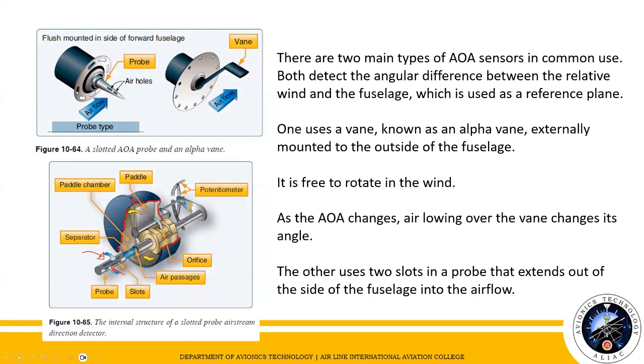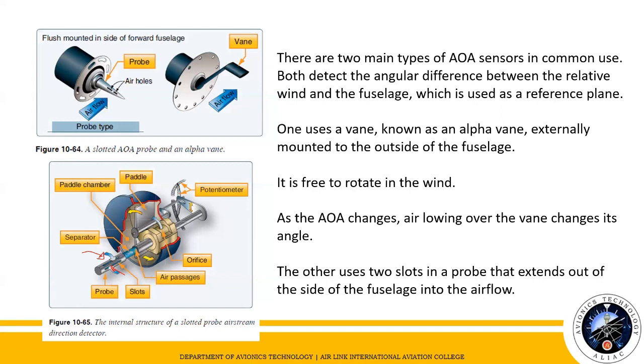So as the AOA varies, the pressure ported by each of the slots changes and the paddles rotate to neutralize the pressure. So the shaft upon which the paddles rotate connects to the potentiometer wiper.